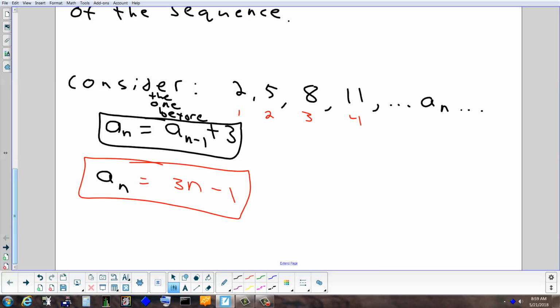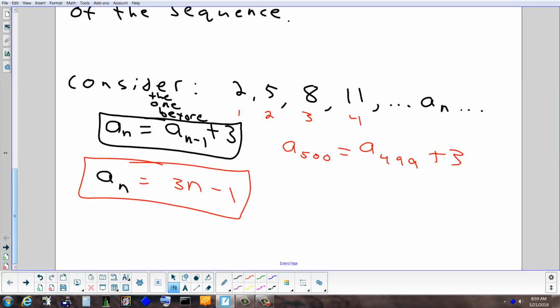Done. If you wanted to know the 500th term here, well, let n be 500. So the 500th term is equal to a sub 500 minus 1, so it's equal to a sub 499 plus 3. But the problem with that is you don't know the 499th term.